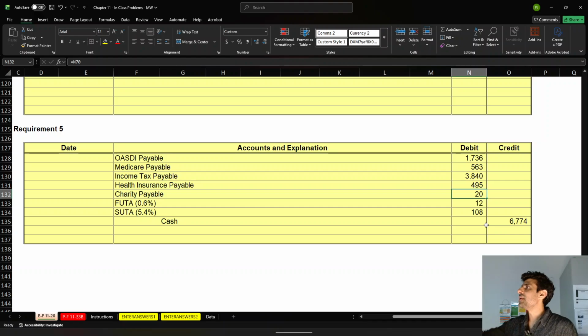Charity payable, that's going to be to United Way or whoever. FUTA and SUTA, this is going to go to the EDD. It's the state department that manages the unemployment insurance. Okay, so though this will be like 5 different checks, it's all going to be cash. This total amount is how much is going to leave my bank account, split across these 5 different checks.